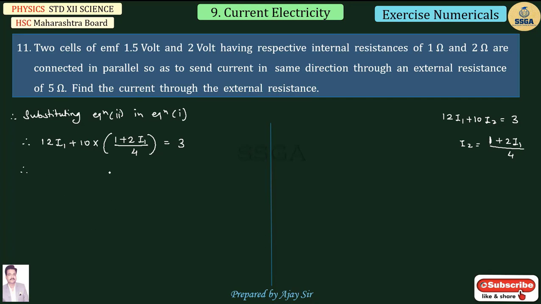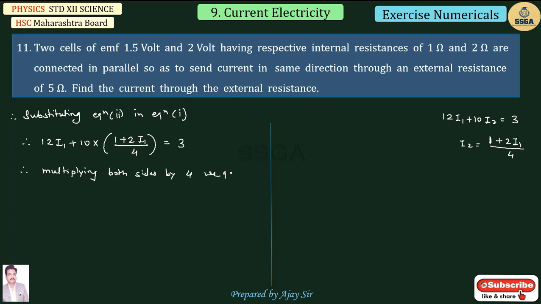So now here the denominator is 4. Let us cancel this 4. To cancel it we have to multiply both sides by 4.